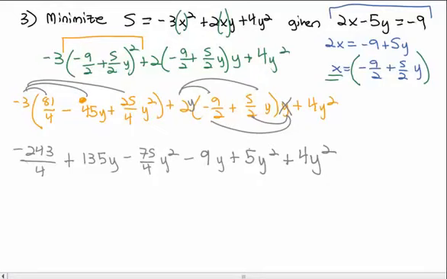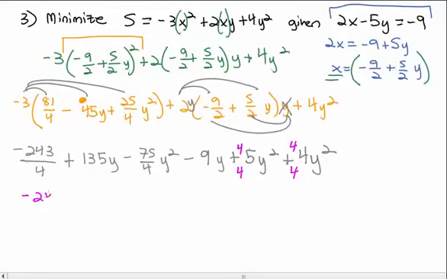Combine like terms. Before we do, let's get some common denominators here. On the y squareds, it looks like we want a denominator of 4. So the 5 I'm going to multiply by 4 over 4, and the 4 I'm going to multiply by 4 over 4.